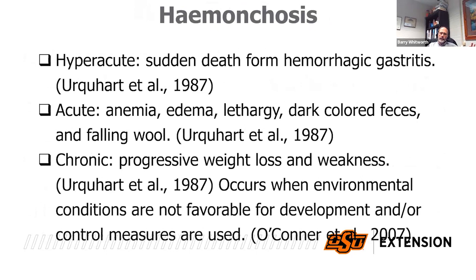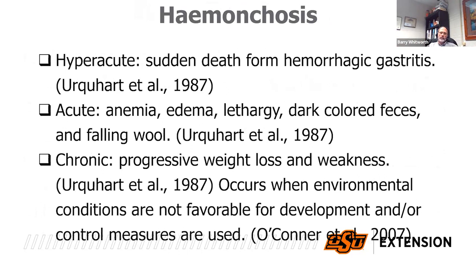There are three different syndromes when it comes to Haemonchus. We've got the hyperacute. This is one where you just walk out and you find an animal that's dead. It's usually pretty obvious, it'll be anemic and you know what's happened, but it's really fast. And then you can have an acute, which is just a little bit slower, but you start to notice these poor-doing animals. They're anemic, very weak, and they'll die.